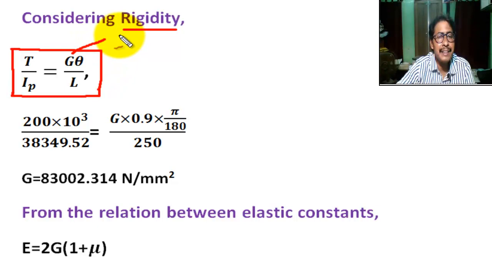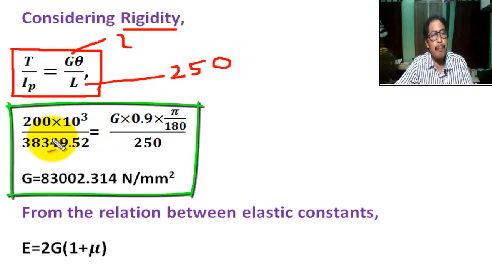We find G. Theta equal to angle of twist, L equal to length of the steel bar. For torsional test, length of the steel bar 250 millimeter.